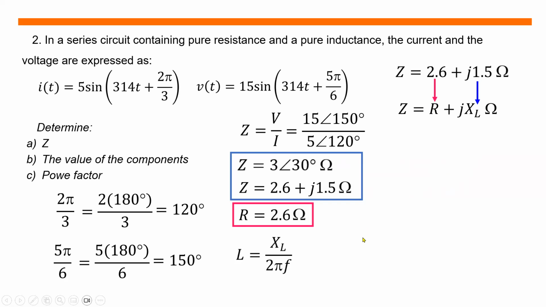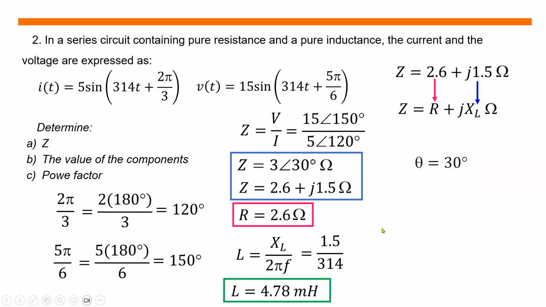From that, we can get the value of our inductor. So using our equation, inductive reactance divided by 2 pi f, then 1.5 divided by 314, that is the 2 pi f value. That will give us the value of the inductor, which is 4.78 millihenry.